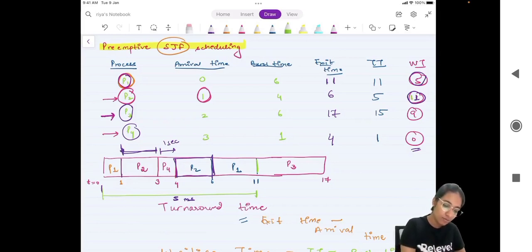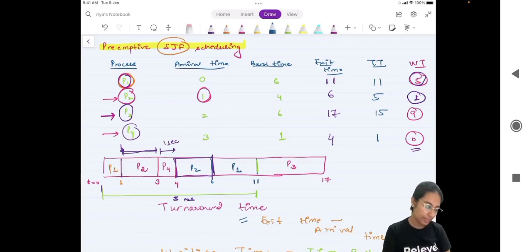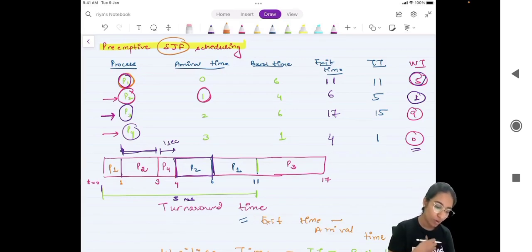Hence the waiting time over here, let's see. Okay, so for P3, what you will see over here is its turnaround time.